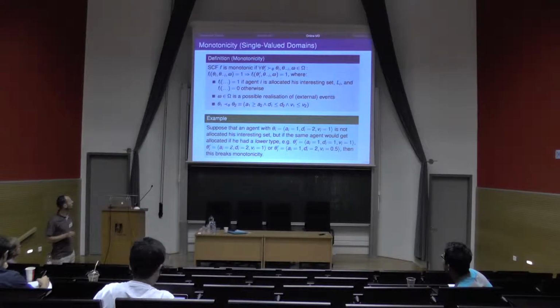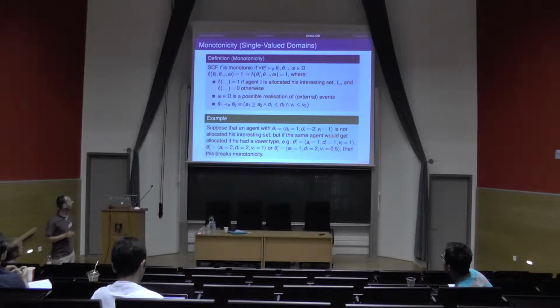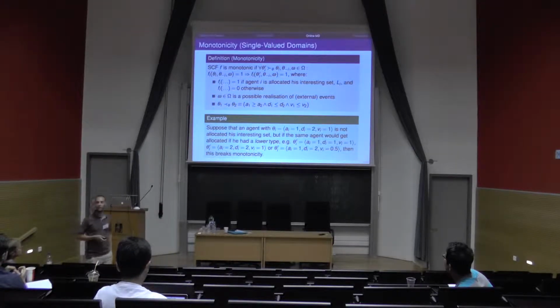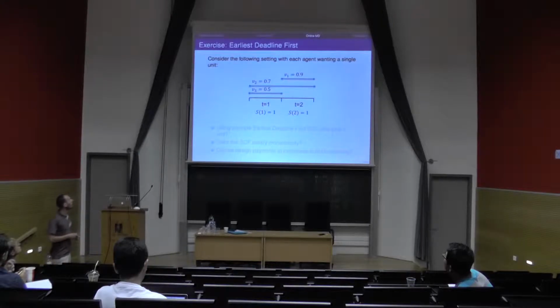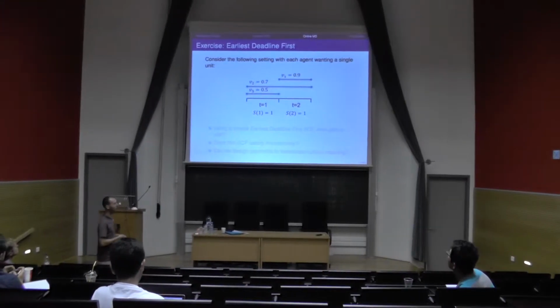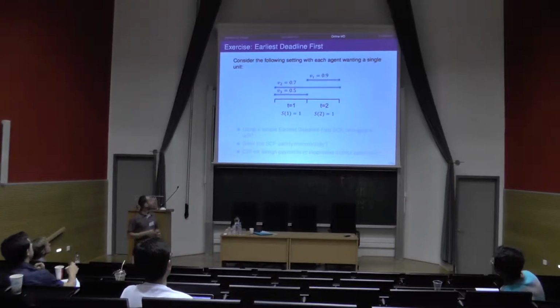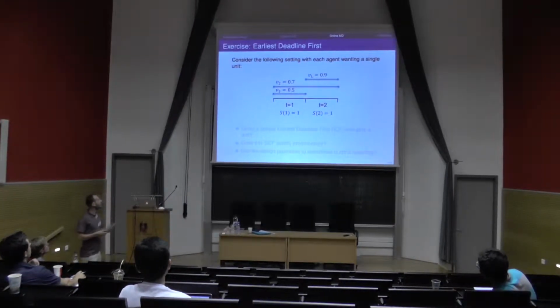Or any of these other two: if he would report a later arrival, or report a low value, all of these examples would violate monotonicity. Okay. So now let's look at a simple example, and then I'll let you do some work on this, because this is quite interesting to get the intuition.